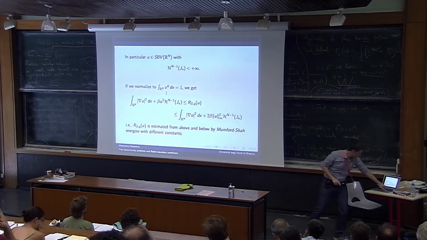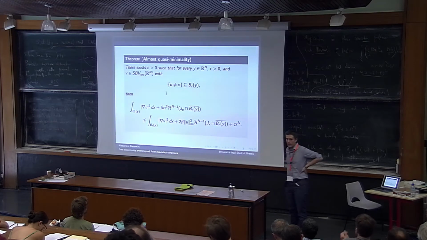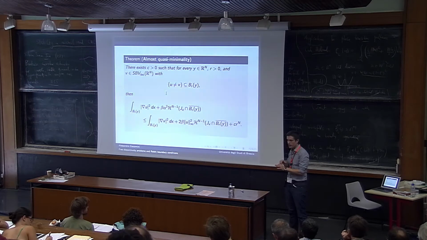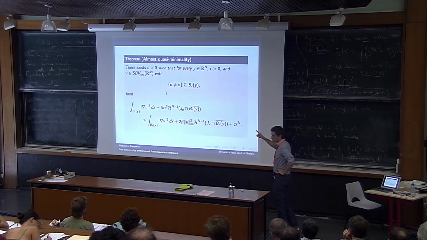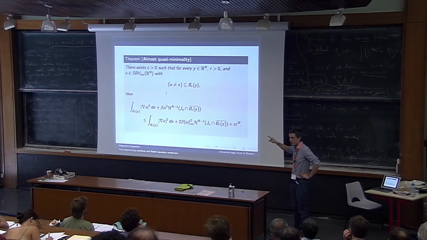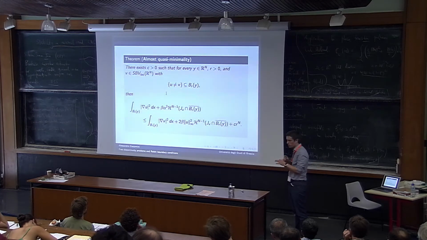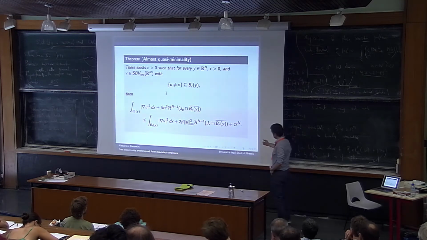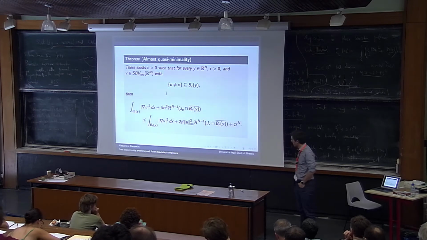Because what we get is this property of quasi-minimality. So if we change u inside a little ball of radius r, changing u to v, then what we prove is that the first Mumford-Shah energy for u in the ball is less or equal than the second Mumford-Shah energy for the new function v plus an error term, which is of volume type, C times the radius to the power n.